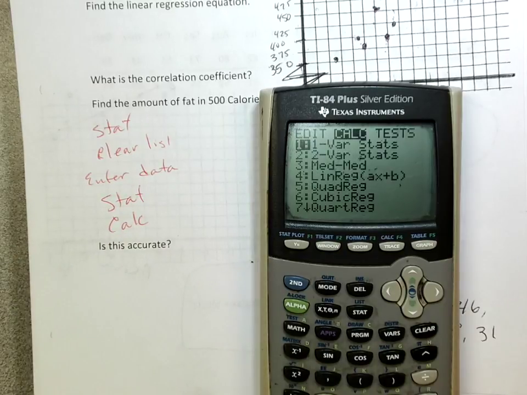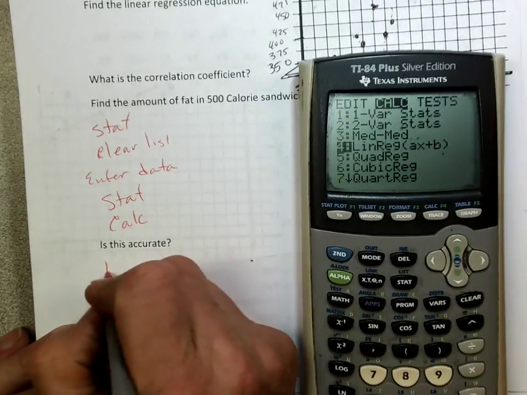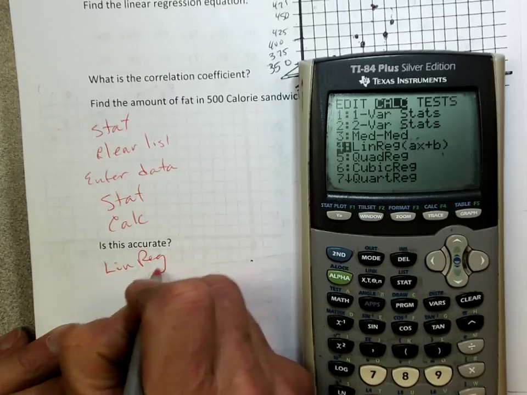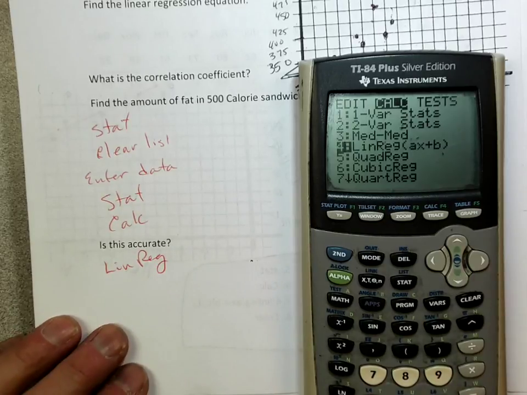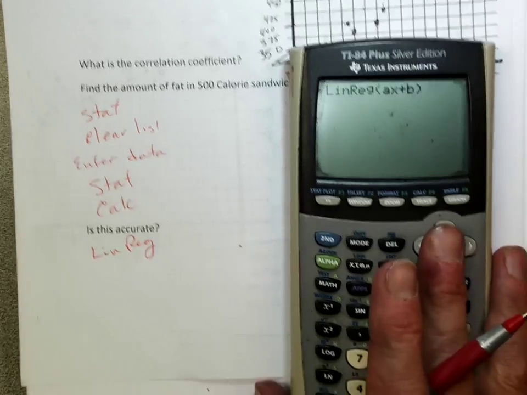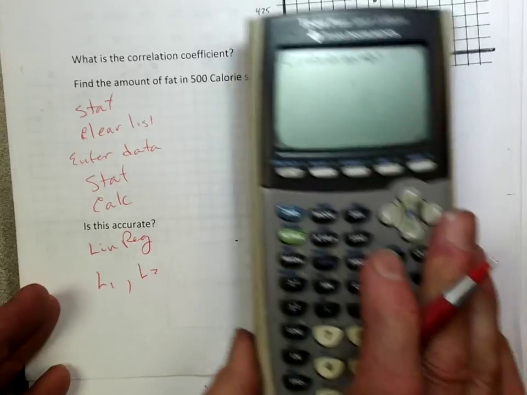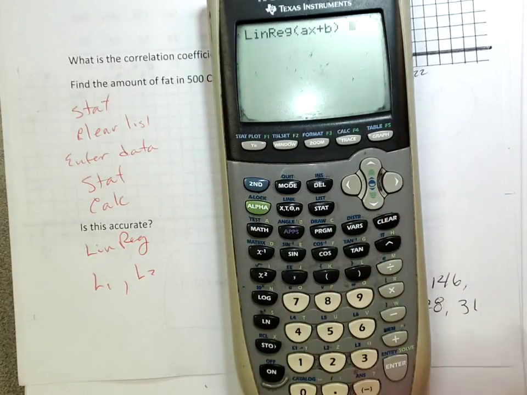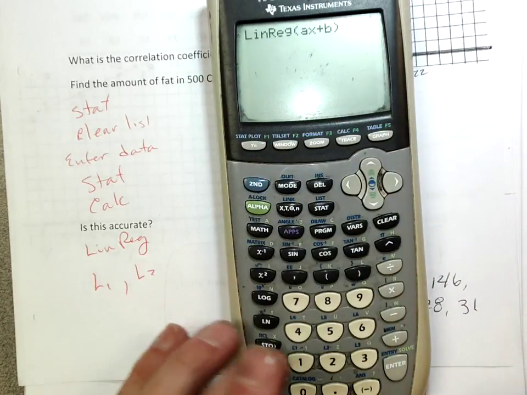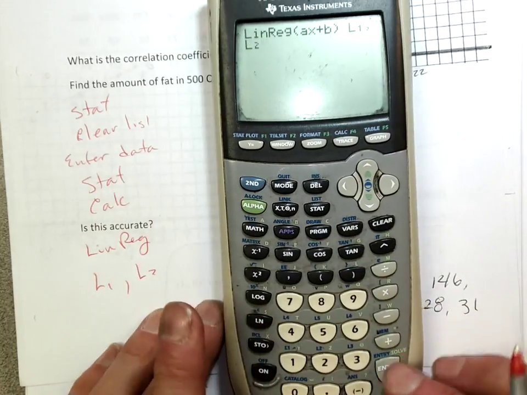What I want to calculate is a linear regression line. So I'm going to go down to 4. So I'm going to get a linear reg line. I push enter. Again, I have to tell it which 2 lists it's in. It's in list 1. I'm going to go list 1, comma, list 2, enter, right?